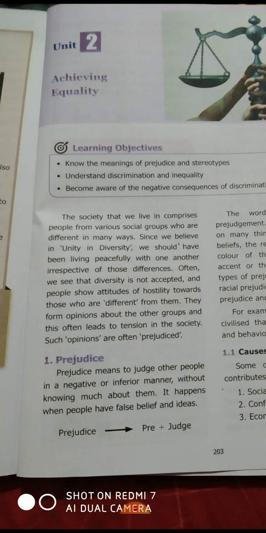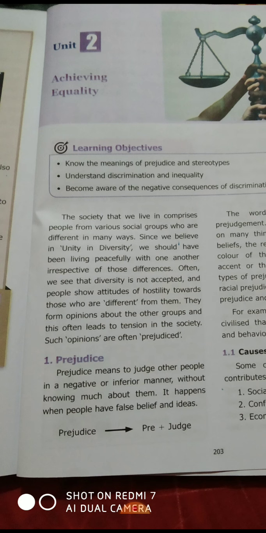We already learned about equality in the previous lesson. Whatever languages we speak, whatever cultures we celebrate, our customs are different, but we are in unity in diversity. The same is what we should follow everywhere and with everyone.